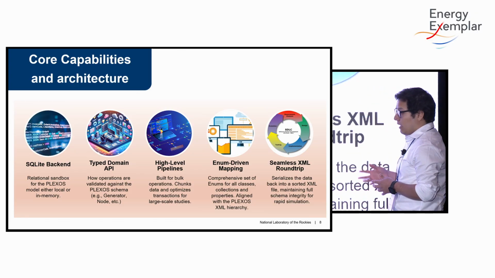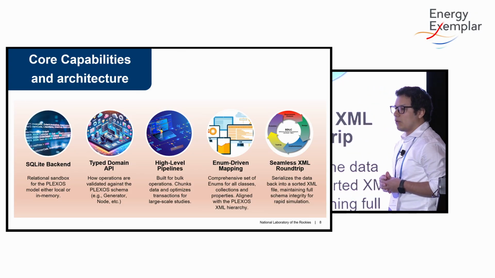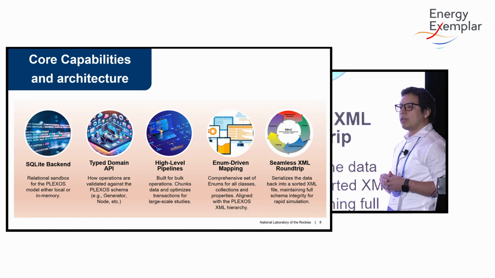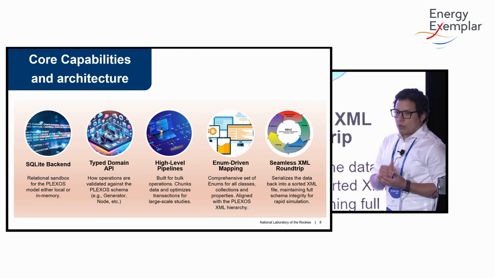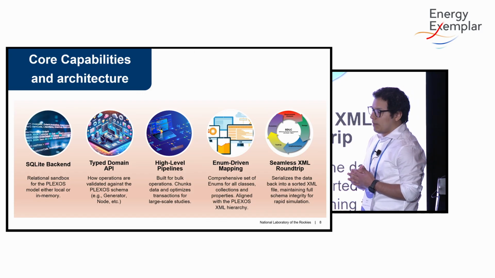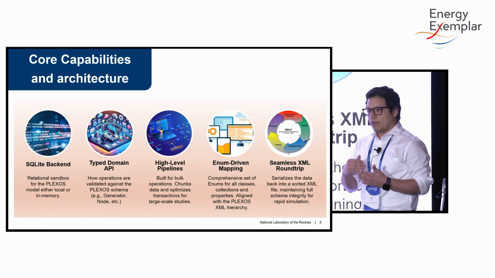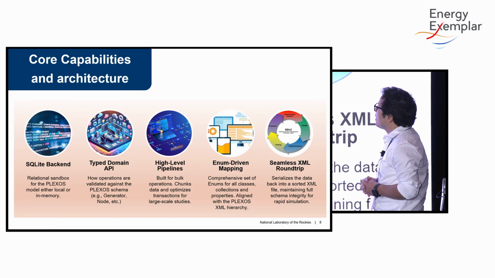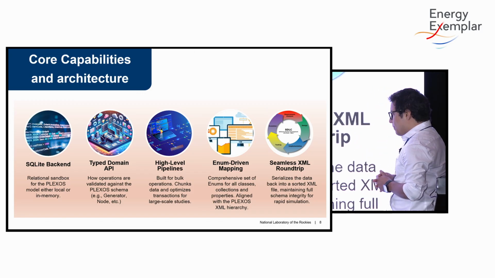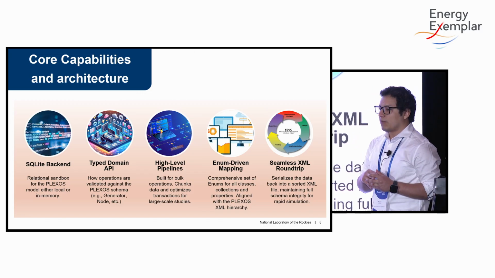We can build high-level pipelines, like if you build for your specific generator in many scenario instances. You can perform bulk operations like 100,000 memberships and properties and do it with fast and scalable pipelines in your workflows. We have the enum-driven mapping as well, which is basically what I was mentioning before.